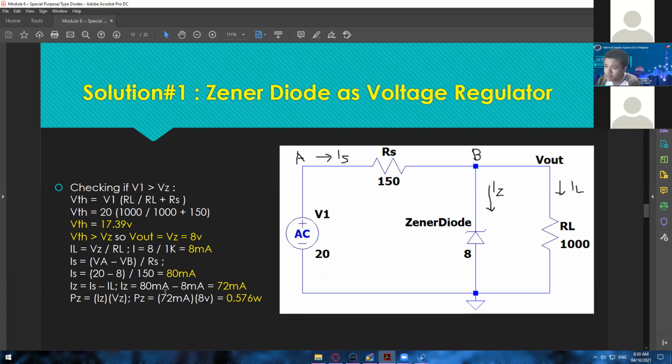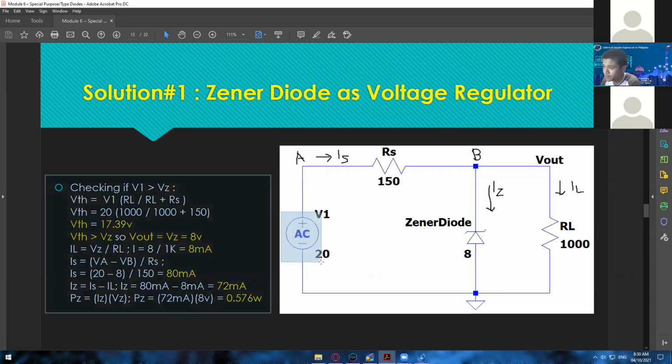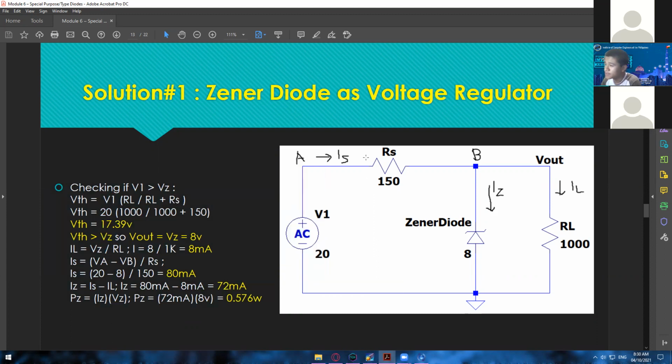Like maybe this IS right here, the VA minus VB. I put a label in here, which is node A and then node B. The voltage across node A is of course 20 volts. And then what is now the value of our node B after passing through the series resistance?